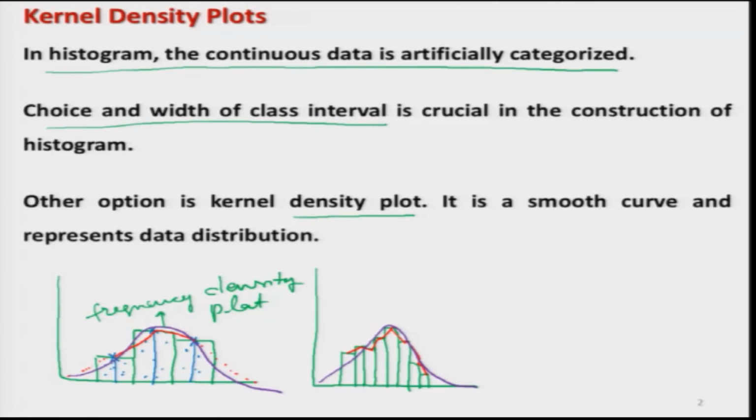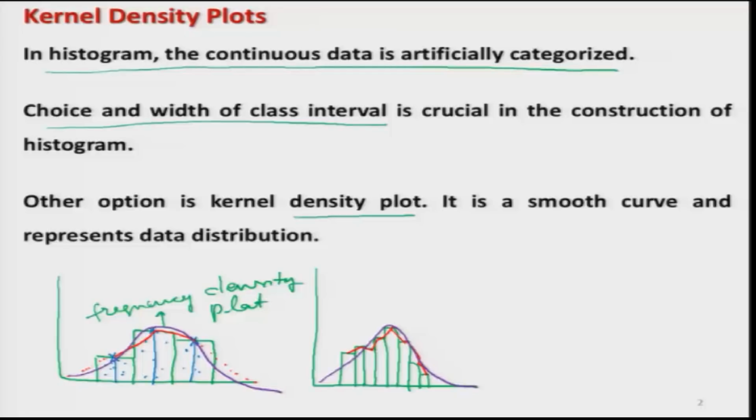Now, this is the concept. Our next issue is this: when we really want to implement it for computation, how do we get it done? In order to construct such plots, we take the help of kernel functions, and based on that we create or construct the kernel density plots.